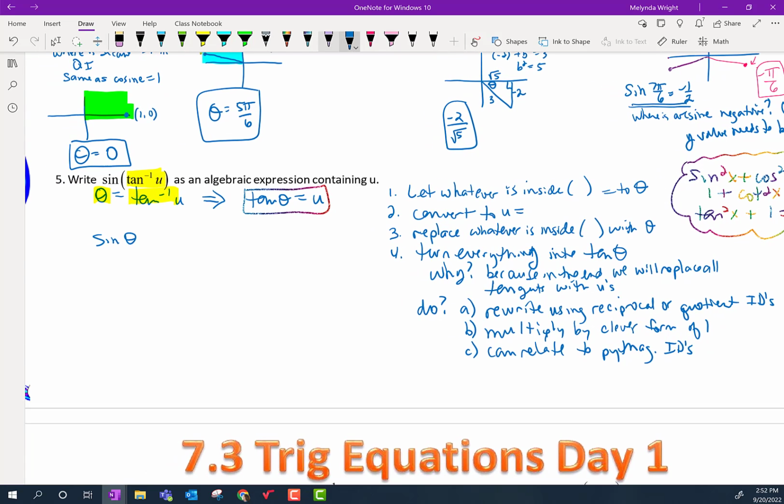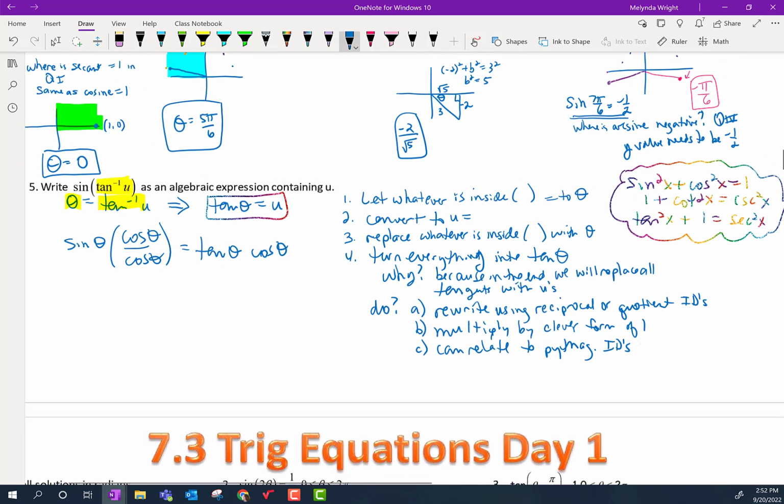Let's try that. So I'm going to multiply by cosine over cosine, because that's multiplying by a clever form of 1, and that gives me, let's see, sine over cosine is tangent, times cosine. Okay, well, great, we have a tangent. We still have an issue. We got a cosine.